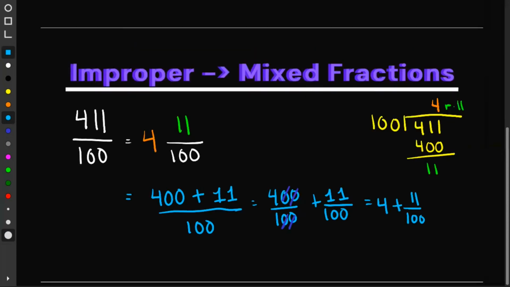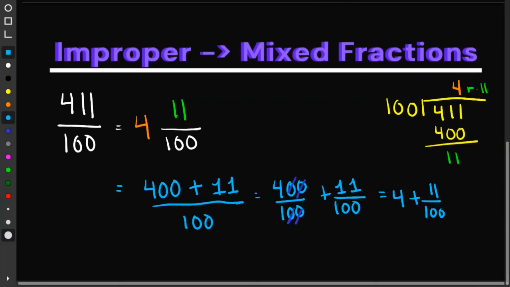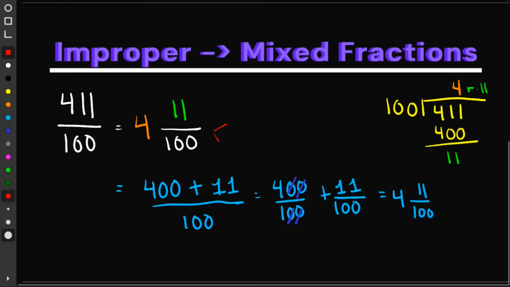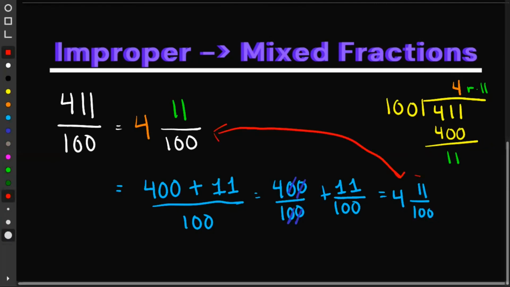Or 4 and 11 over 100, which is the same as the outcome that we got.